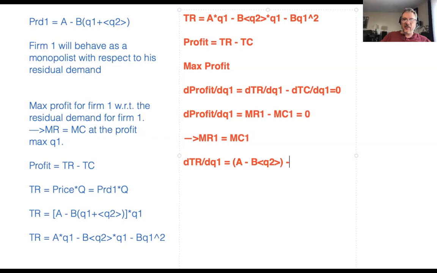And then for the second term, remember, it's double the slope. So you take the 2 from the exponent and multiply it by the coefficient on the slope of the residual demand function. So I'm going to have 2 times BQ1.